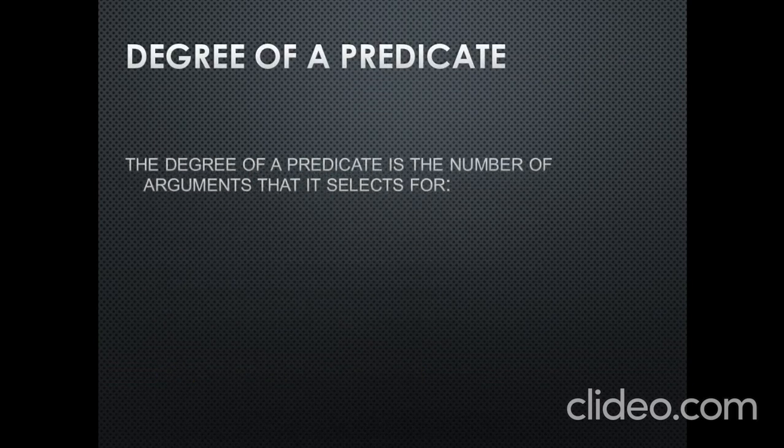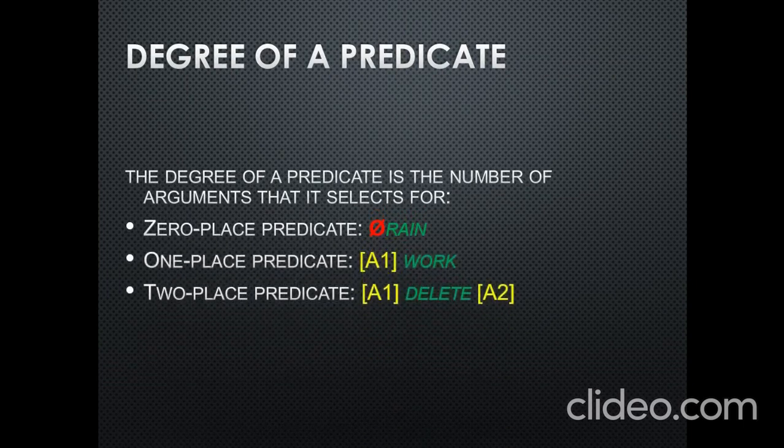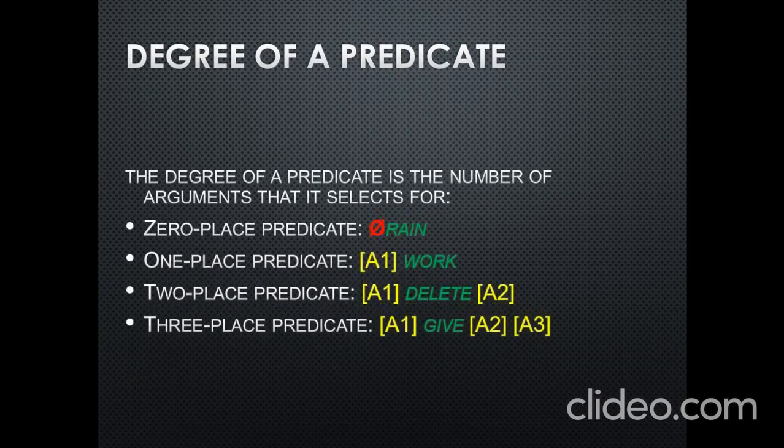Okay? So since we say that the predicate determines the number of arguments that it will need to make its meaning complete, we can speak of the degree of the predicate, taking into account the number of arguments that are selected for.